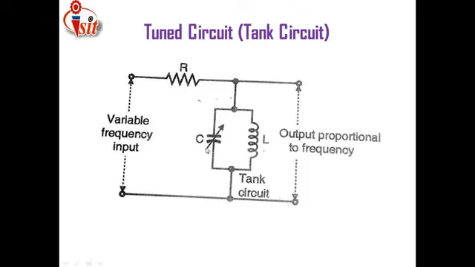And the output introduced by that tank circuit is nothing but output proportional to the frequency. That means whatever the input variable frequency we are applying over here, that frequency is proportional with this output frequency. This is the required strength related to this tank circuit.